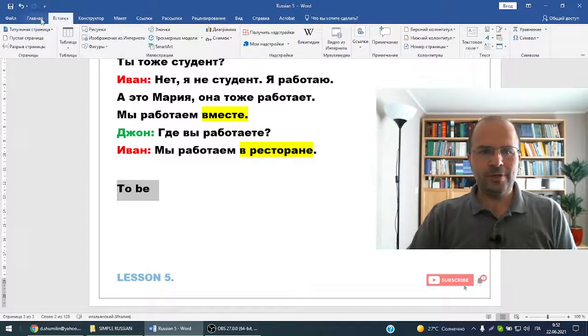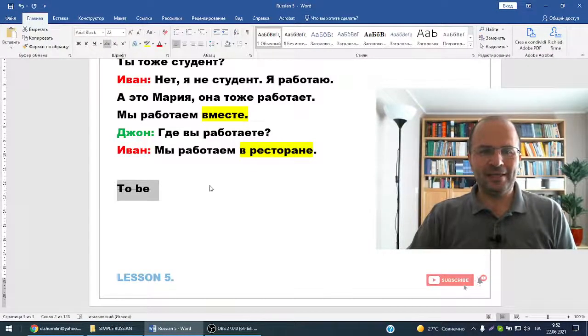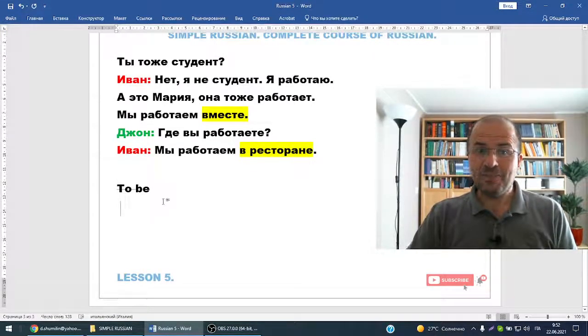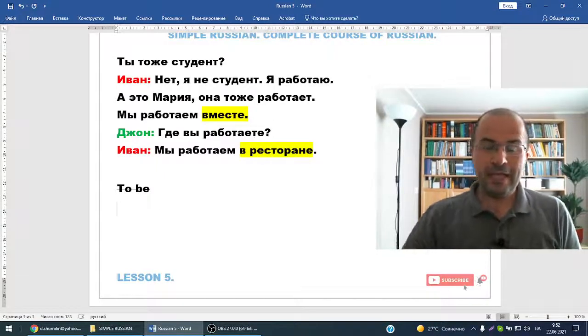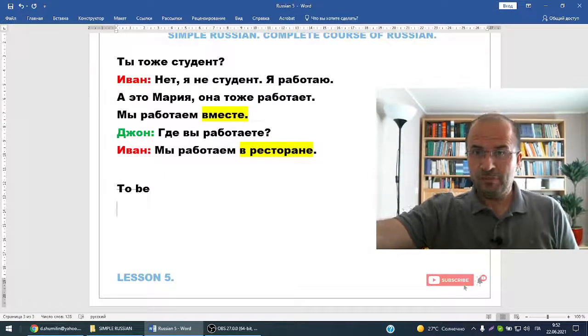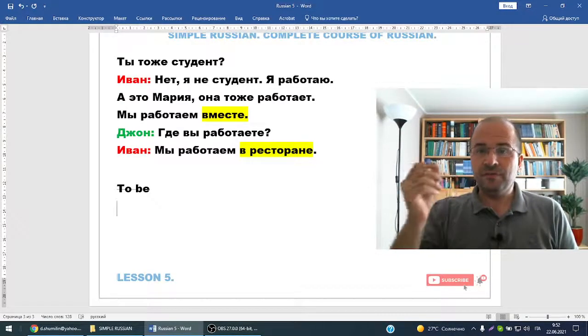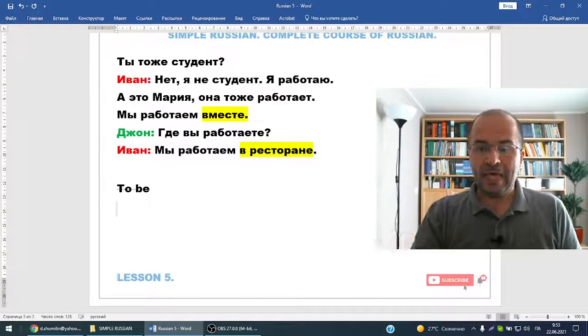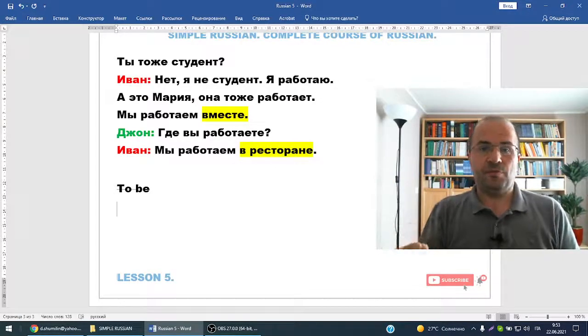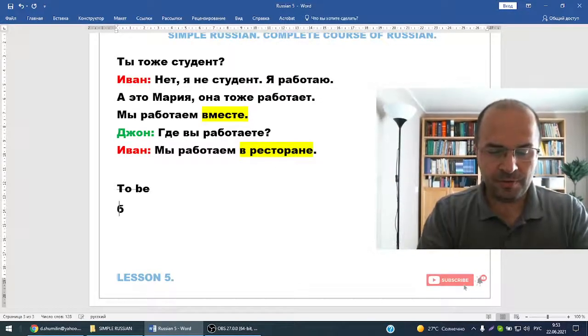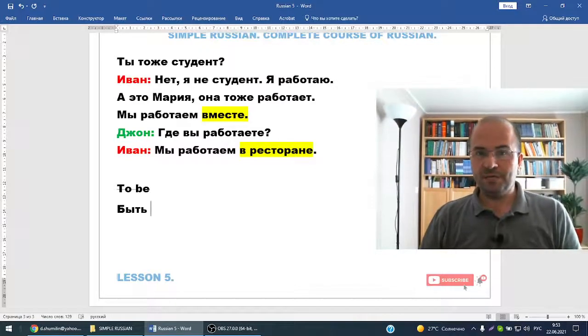Okay, so like this. But it is used in the future tense form and in the past tense form. Moreover, in the future, it is used as the auxiliary verb, okay? The verb is быть. To be is быть, okay?